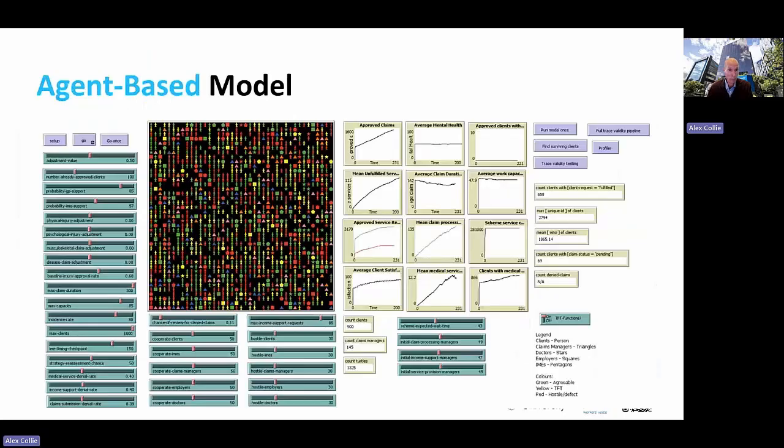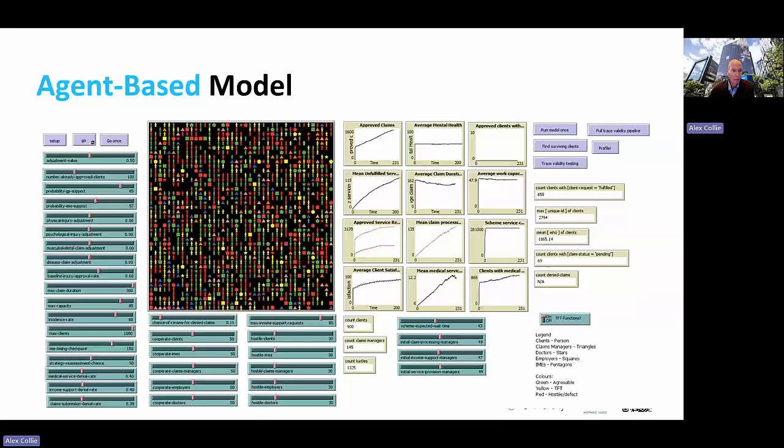The little people are workers, the other shapes are other agents in the system, so they will be claims managers, which are the triangles. There'll be doctors, which are the stars. There'll be employers, which are the squares. There'll be independent medical examiners, which are the pentagons. And the colour denotes the interactions between those people. Green being a positive interaction, red being a hostile or negative interaction, and yellow being neutral.